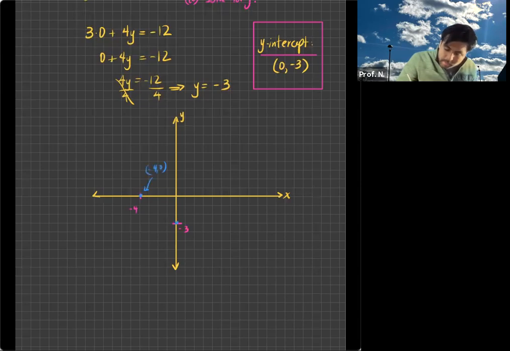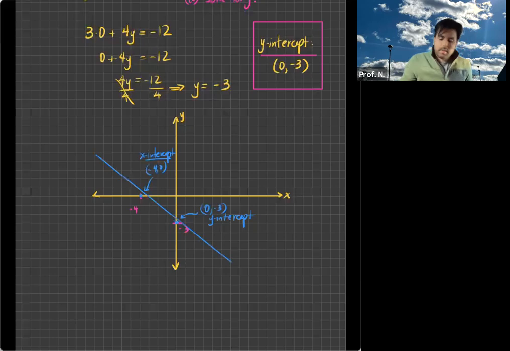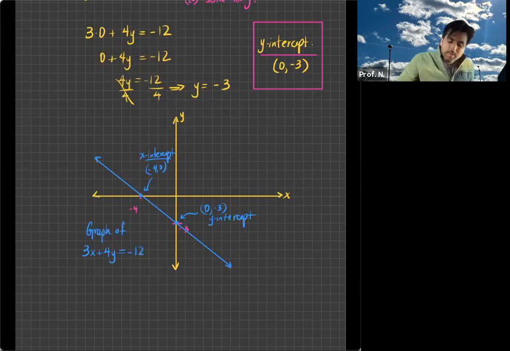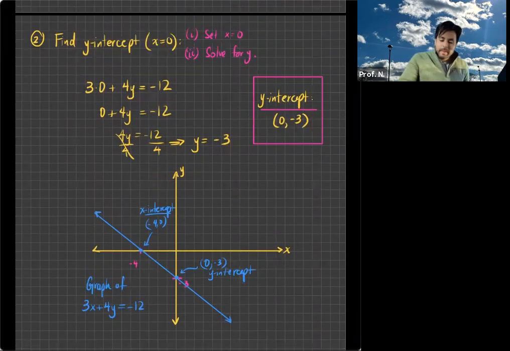This point right here, that's 0 comma negative 3. This is the y-intercept. And this point here is negative 4 comma 0. This is the x-intercept. Once I have those two things, all I need now is a straight line that connects these 2 points. And voila. I have the graph of 3x plus 4y equals negative 12. And we're good.